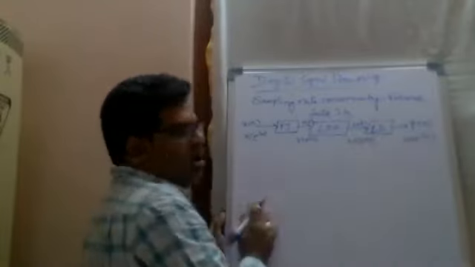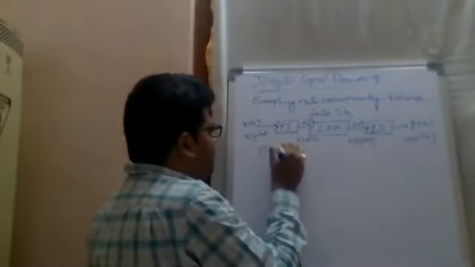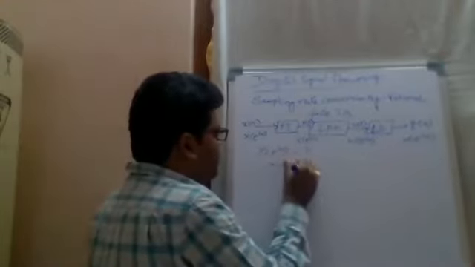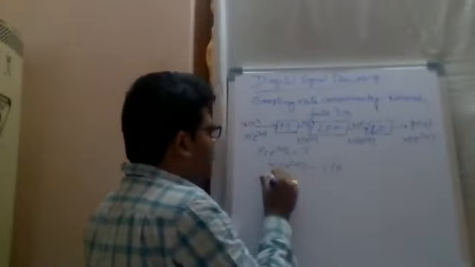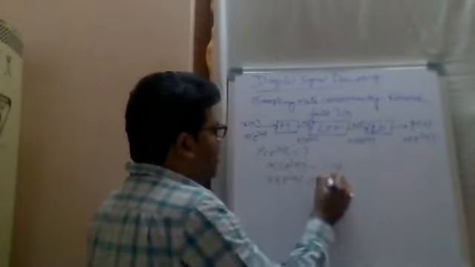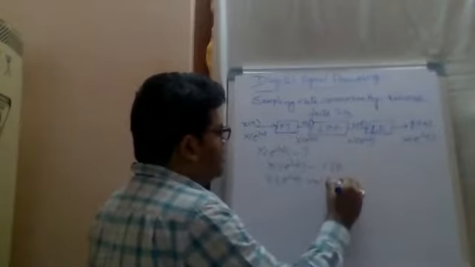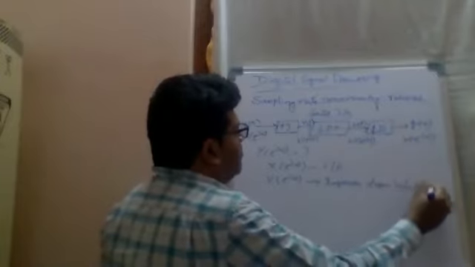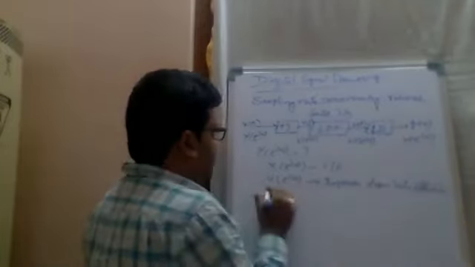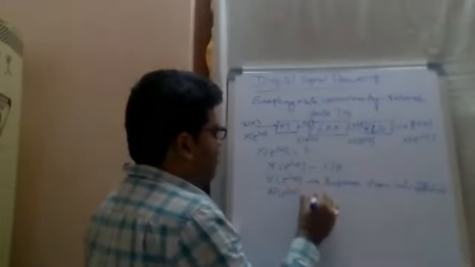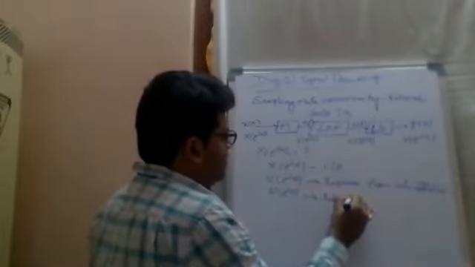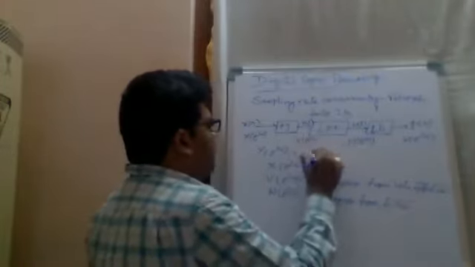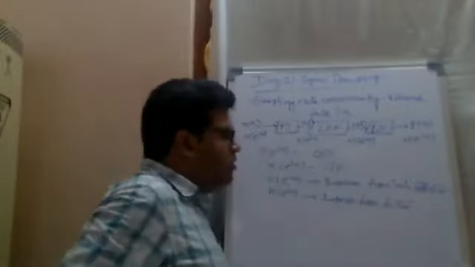Now my intention is to obtain Y of e power j omega. Right? So your X of e power j omega is the input. V of e power j omega is the response from the interpolator. Then W of e power j omega is the response from the filter. And Y of e power j omega is your output. Right?